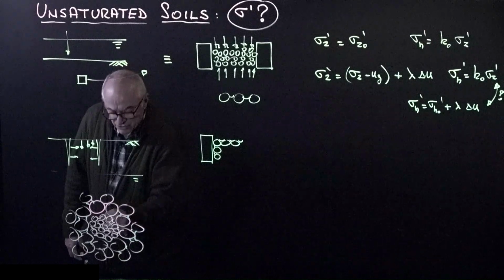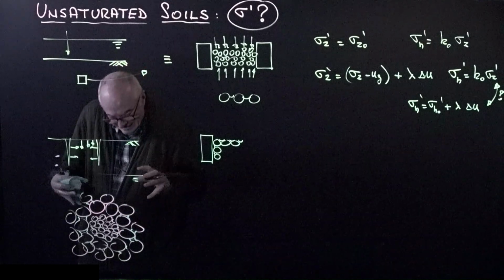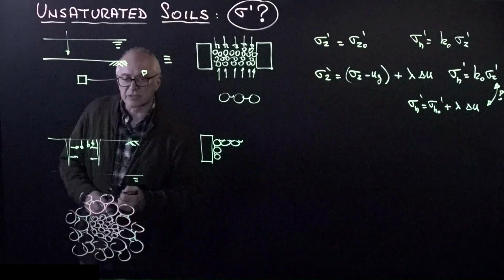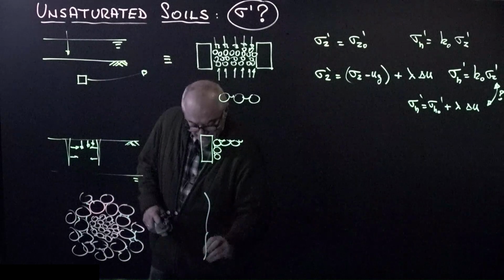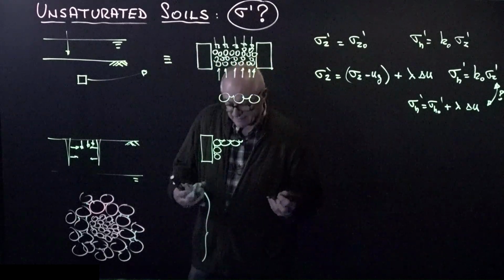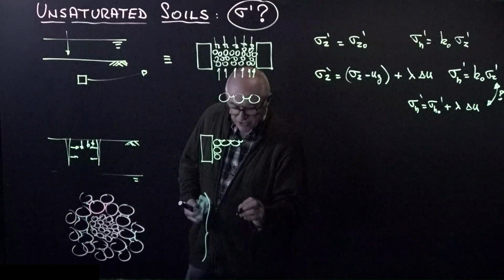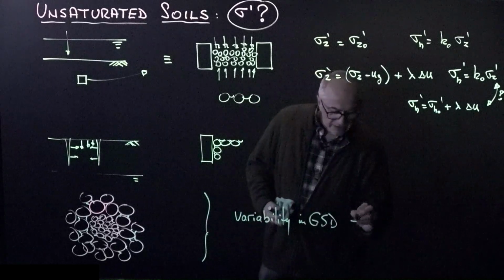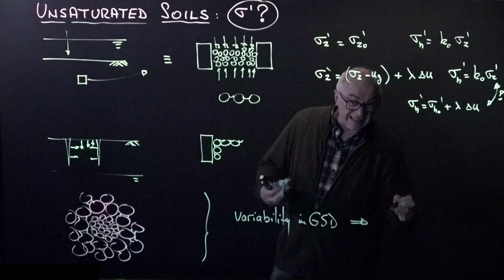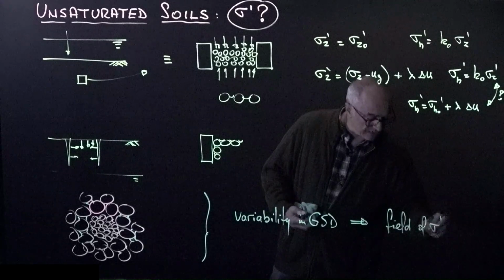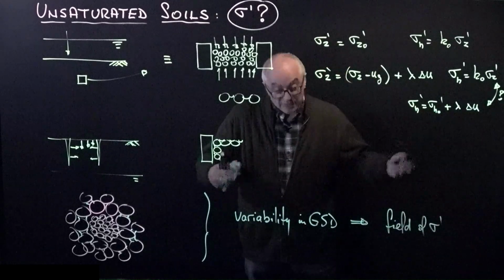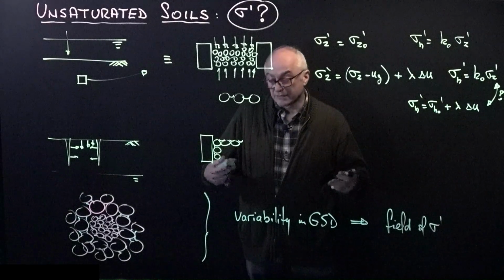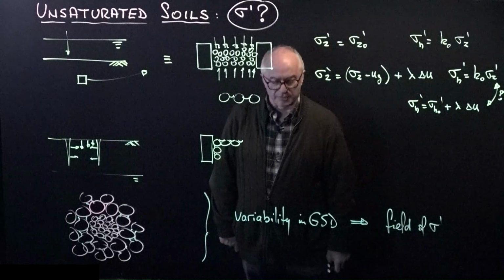So the effective stress within this lens is getting a squeeze, so the actual effective stress is higher than in the coarser skeleton. So one of the conclusions that we can begin deriving from this is that when there is spatial variability in grain size distribution, it will have implications on the field of effective stress, which will have a series of implications related to the evolution of strains and the evolution of strength in the soil mass.